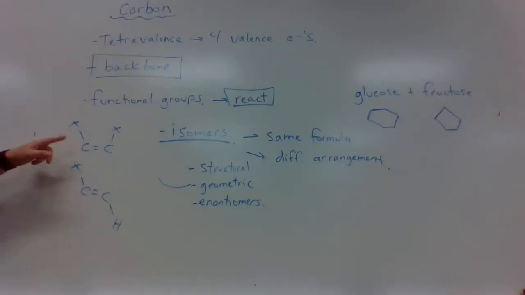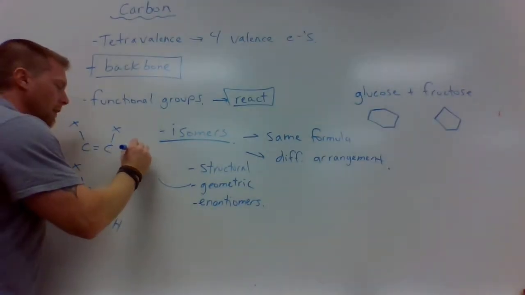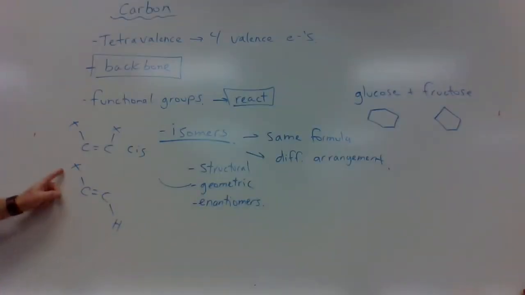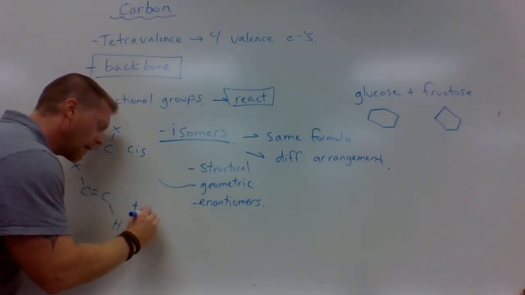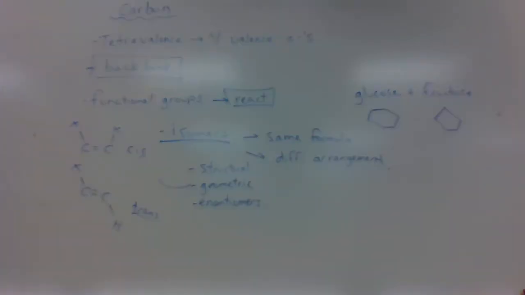If they're on the same side, what type of formation do we call that? We call that cis. If they're on opposite sides, what do we call that? Trans. And we learned how important that was when we looked at trans fats.